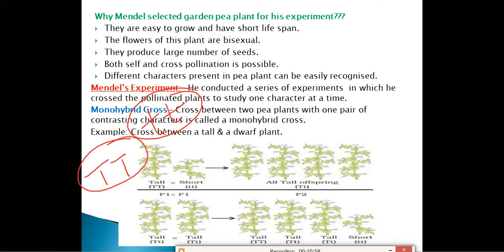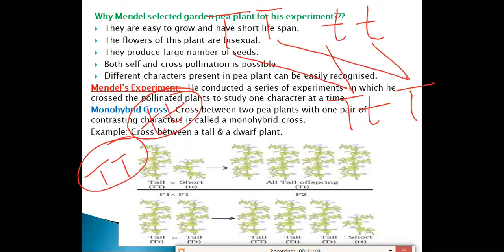So if a cross is made between the tall and the dwarf plant, in the F1 generation, what will we get? All the plants will be tall. How do we get that? Suppose on this side I have taken small t, and on this side capital T, capital T. Then we get capital T, small t, and again you can cross this tall plant and this dwarf plant, and this and this.